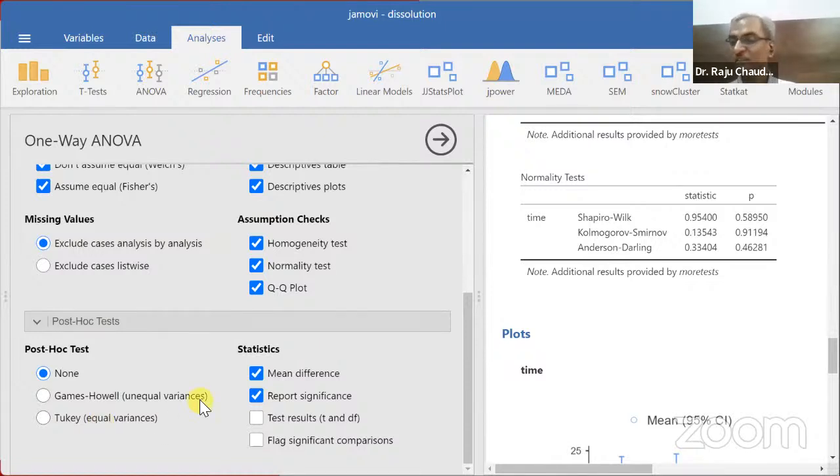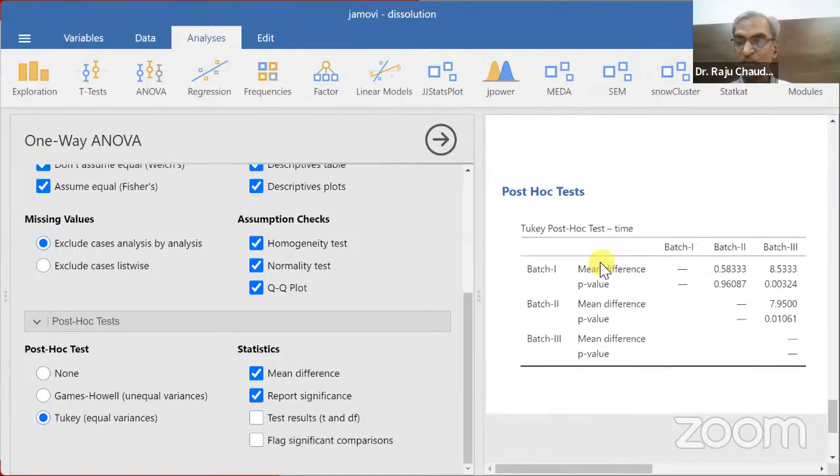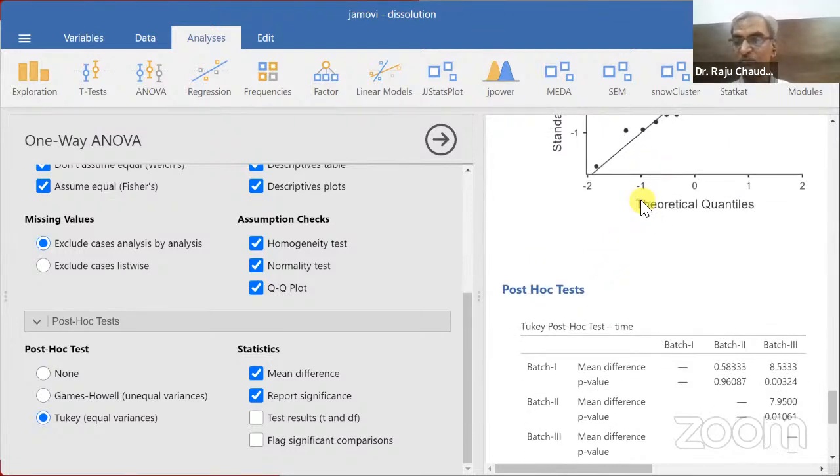If Welch ANOVA is used, go for Games-Howell pairwise comparison. In our case, variances are equal, so we can select Tukey, with equal variances. And then you can see at the bottom, we have the output.